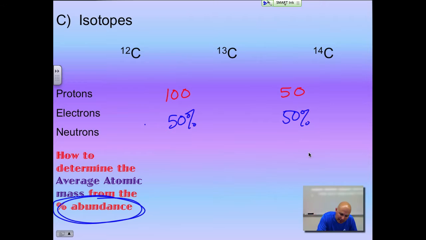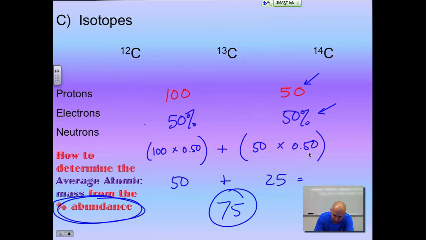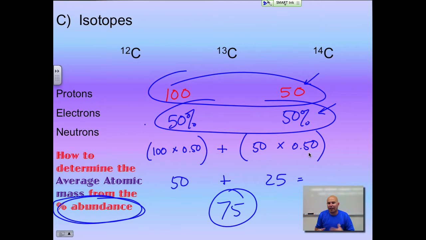If I take my number, 100, times 50%, of course I'm changing it to a decimal, and I add that to my other number, 50 times 50%, notice that it's going to give me my average. 100 times 50% is 50. Add that to 50% of 50, which is 25. That adds up to 75, which makes sense when you have exactly the same amount.